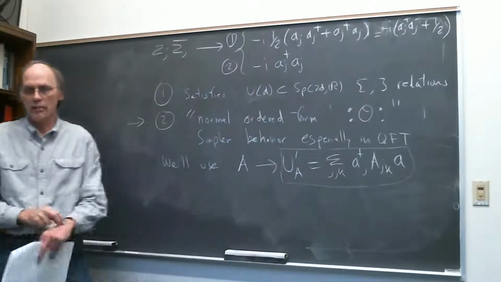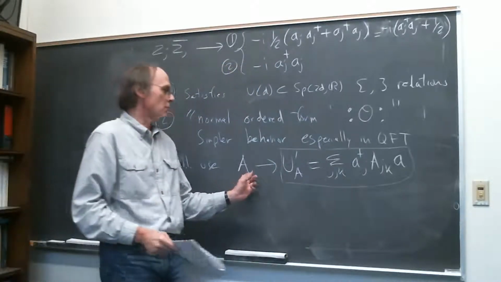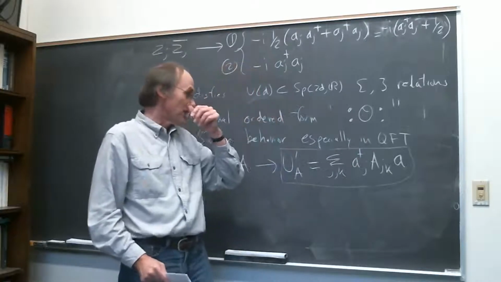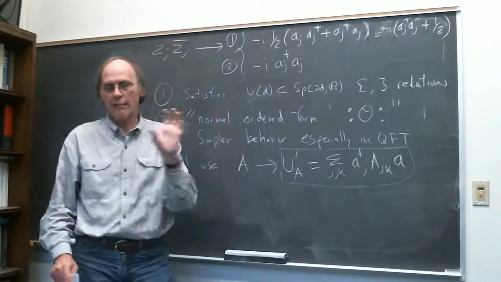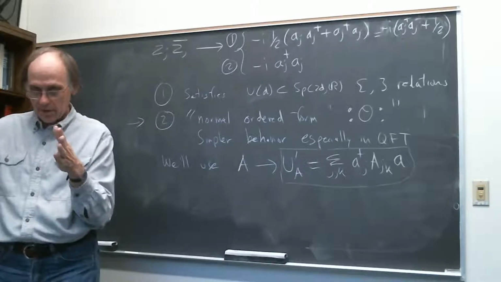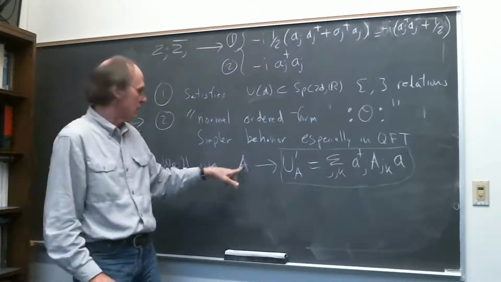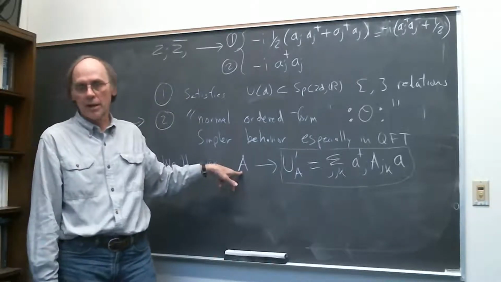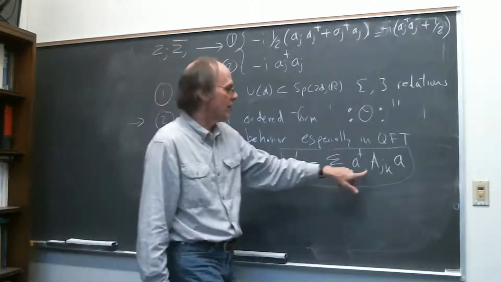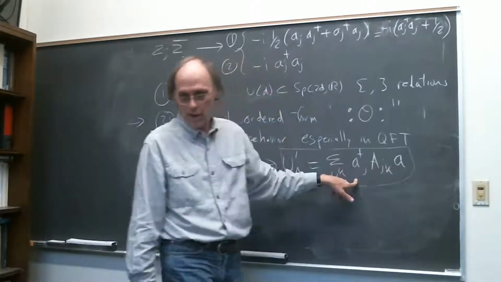And so this is what we're going to be doing. For every Lie group of symmetries, each Lie algebra element, which is given by a matrix, is going to correspond to this quadratic operator.